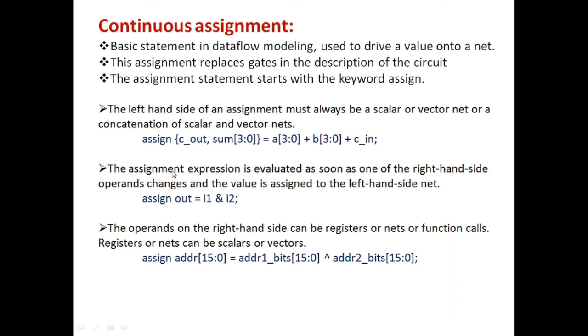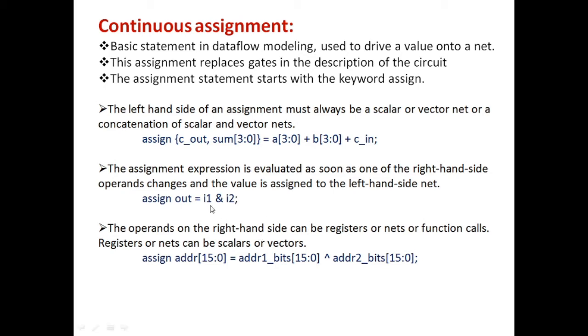Next, we do have the second rule. Continuous assignment statements are always active statements. Why? Because the assignment expression, which is assigned to something, is evaluated as soon as one of the RHS operands I1 or I2 changes.